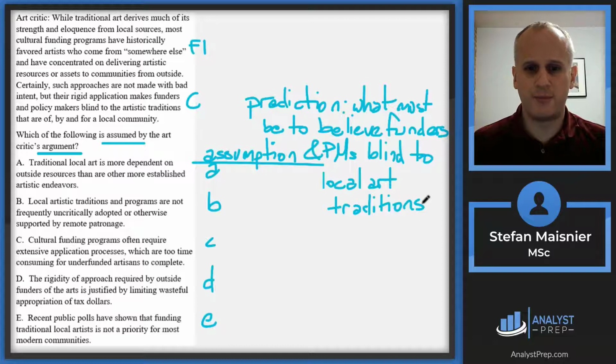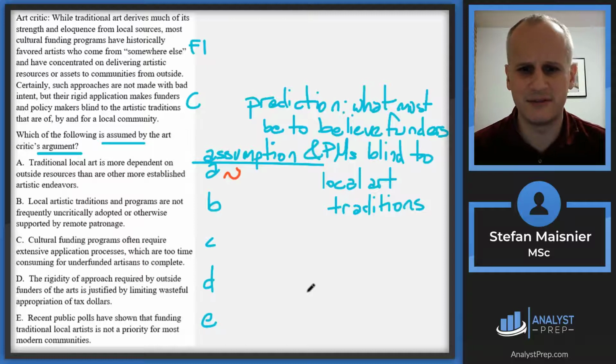Traditional local art is more dependent on outside resources than are other more established artistic endeavors. So, maybe, right? It seems like we're talking about resources, we're talking about local art, so if we're working through the process of elimination, I might hold the A with a squiggle and just go, kind of.